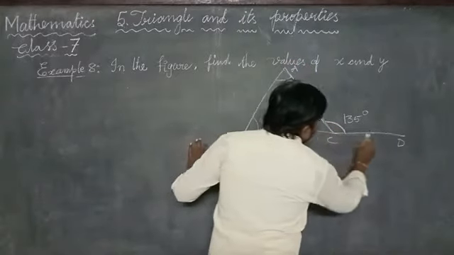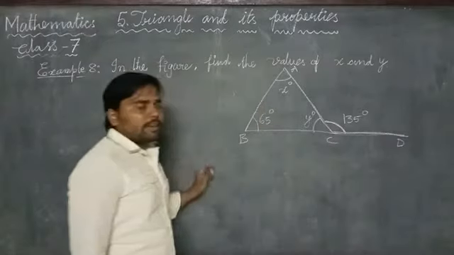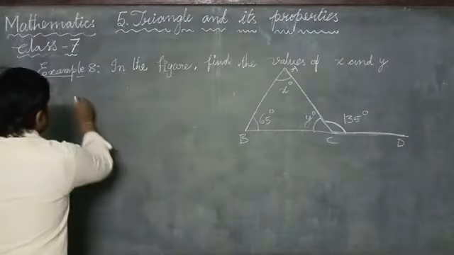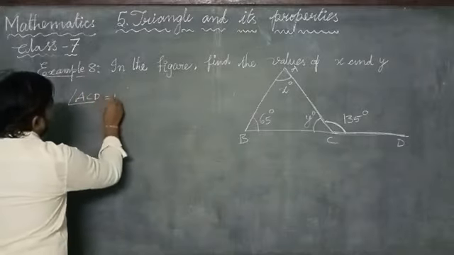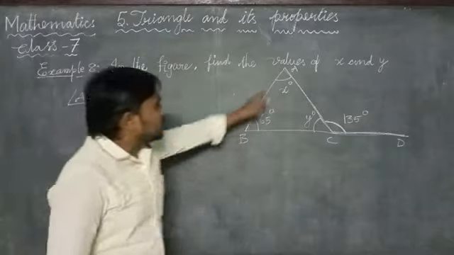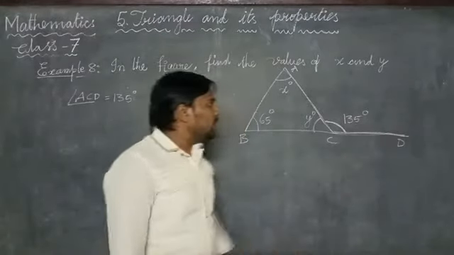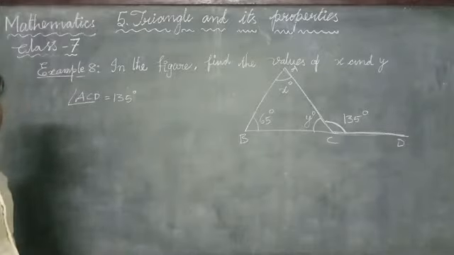From this, we can see the exterior angle of the triangle is 135 degrees. So angle ACD equals 135 degrees. Here this angle ACD, the exterior angle, is 135 degrees. Okay, we have the exterior angle property.